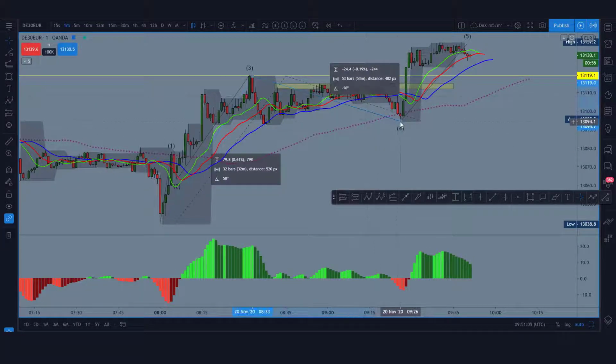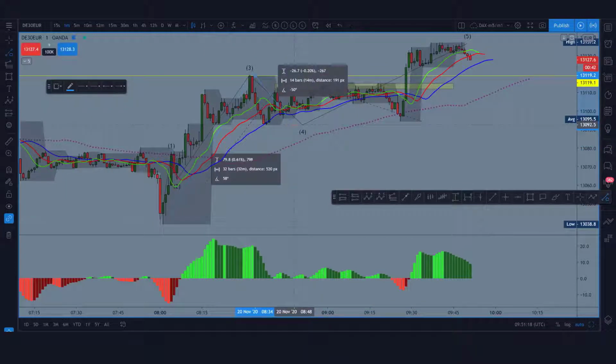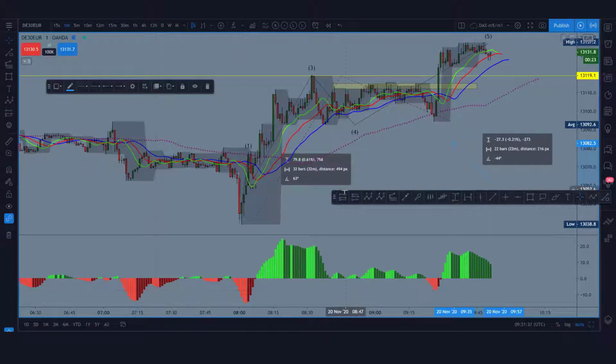This is not the setup that we are excited about. We want our wave 4 to finish somewhere here, about half the number of bars, about half or 2/3. So if it was somewhere around here, it would make sense. So an entry here was not bad at all, but as you can see, there were those other reasons to look at.